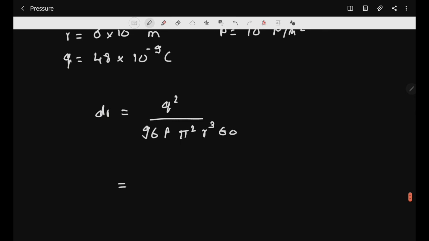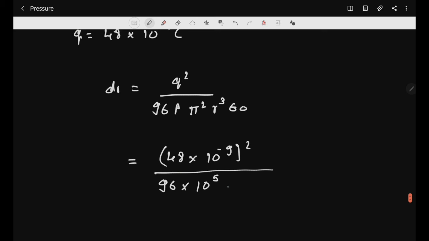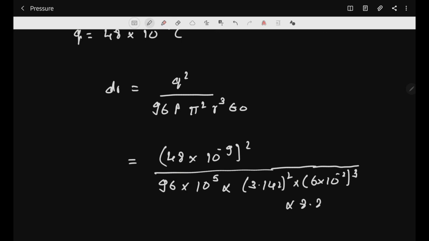Q square, q we have 48 into 10 raised to minus 9, bracket square, divided by 96, atmospheric pressure is 10 raised to 5, pi square will be 3.142 bracket square, radius cube, that means 6 into 10 raised to minus 2 bracket cube, into epsilon naught. Epsilon naught is 8.85 into 10 raised to minus 12.